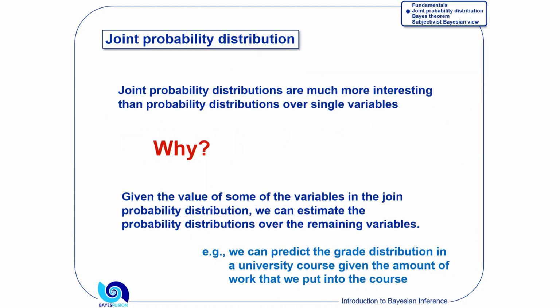There may be somebody who spends very little time and gets a good grade, and somebody who spends a lot of time gets a poor grade. But overall, there's going to be a dependence. And if you have the joint distribution, you can predict, with uncertainty of course, what grade a student will get given that she works so and so many hours on the course. So very interesting, very useful property.